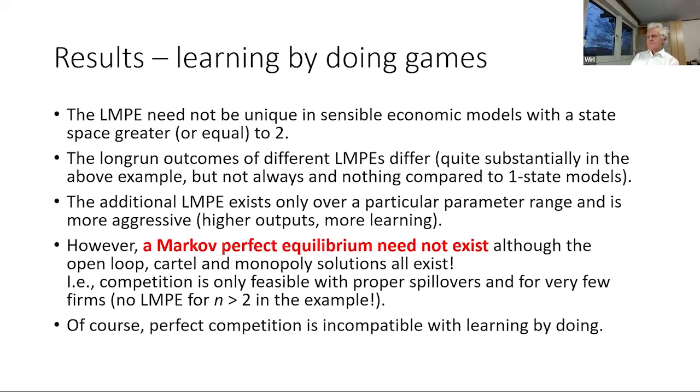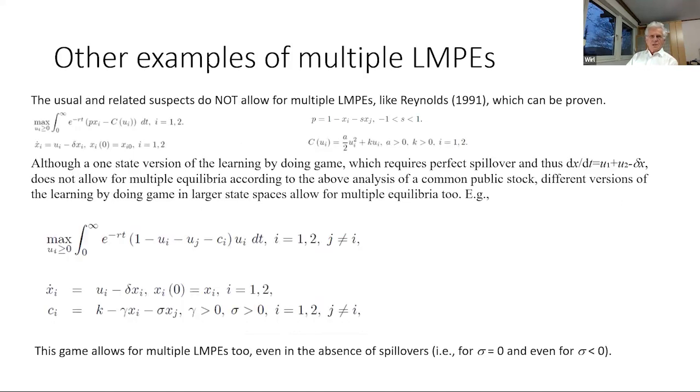And the competition is only feasible with sufficiently large spillovers and for very few firms. As already mentioned in the previous example, there's no LMPE for any number of firms greater than 2. And of course, perfect competition is incompatible with learning by doing. Okay. So any question here before I come to other examples?